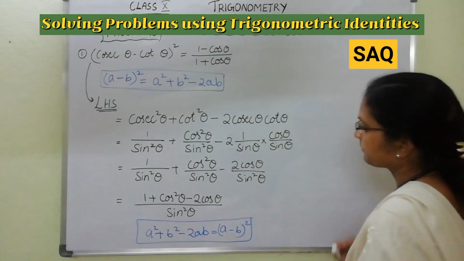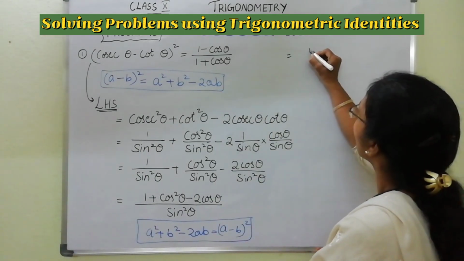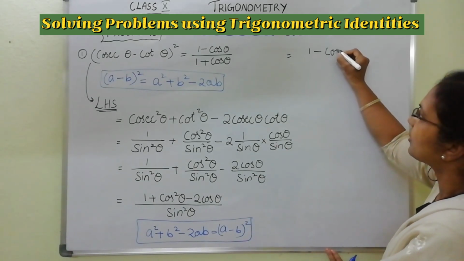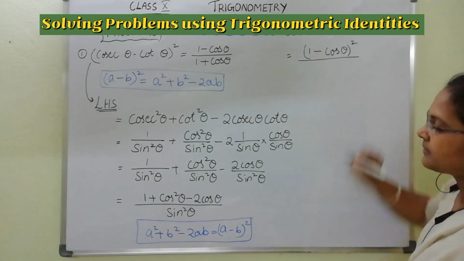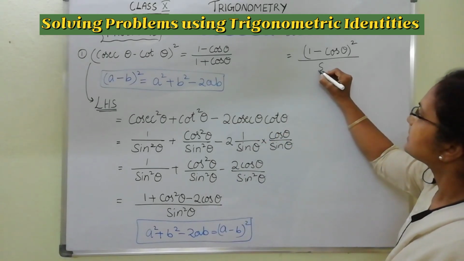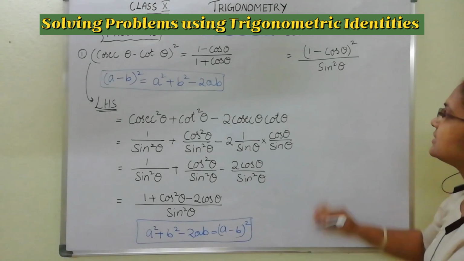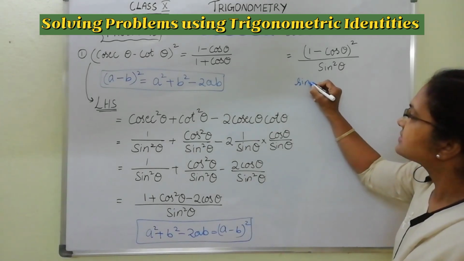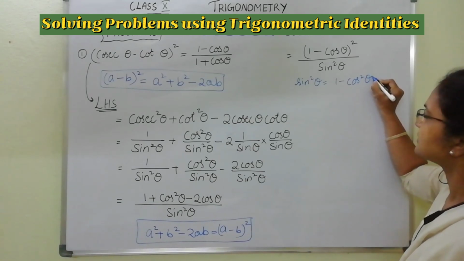So here we will be getting it as (1 minus cos theta) whole square by sine square theta.